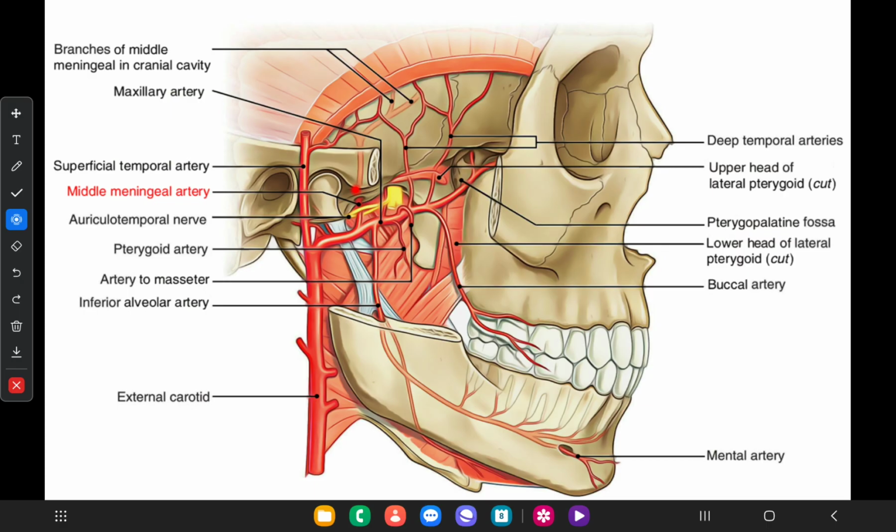And then the main trunk passes anterolaterally on the floor of the middle cranial fossa. After it enters the middle cranial fossa, it passes slightly laterally and anteriorly on the floor of the middle cranial fossa.